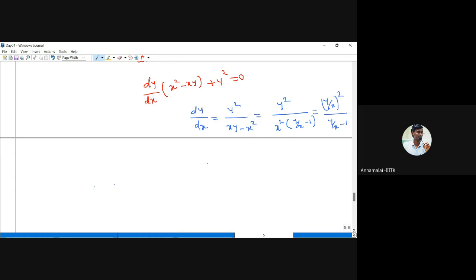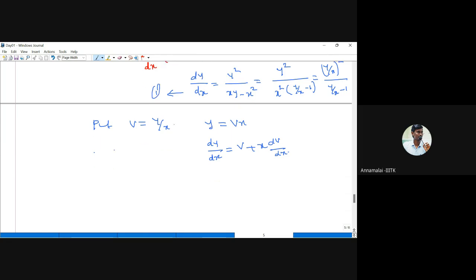Now put y by x is v, so put v equal to y by x. Therefore, from this, what is y? Y is nothing but v times x. Therefore, dy by dx equal to v into 1 plus x into dv by dx. Now the given equation, maybe we call this equation 1.